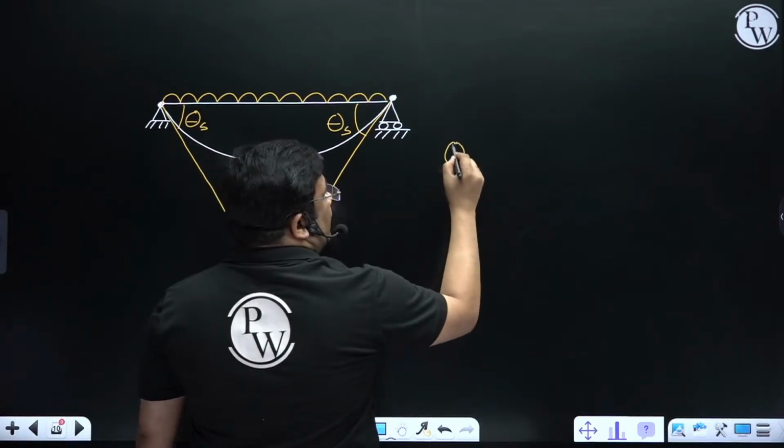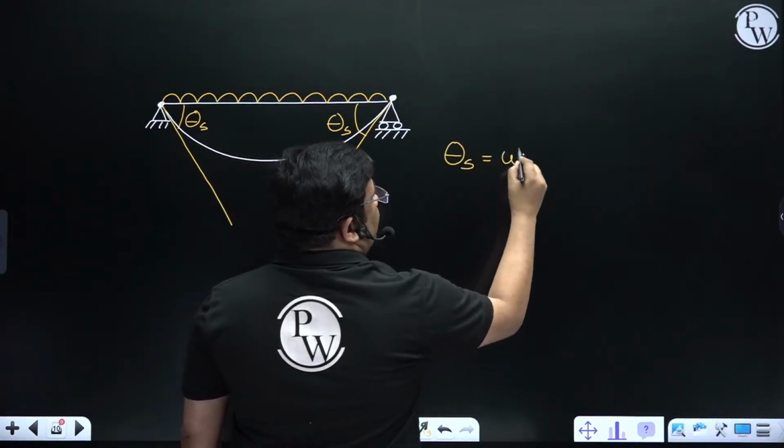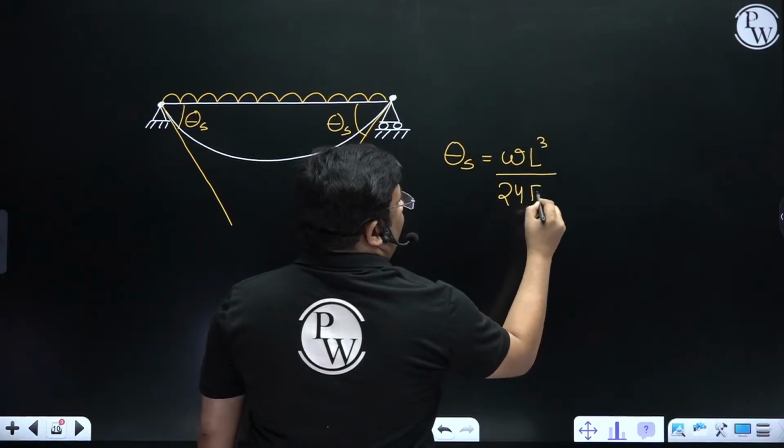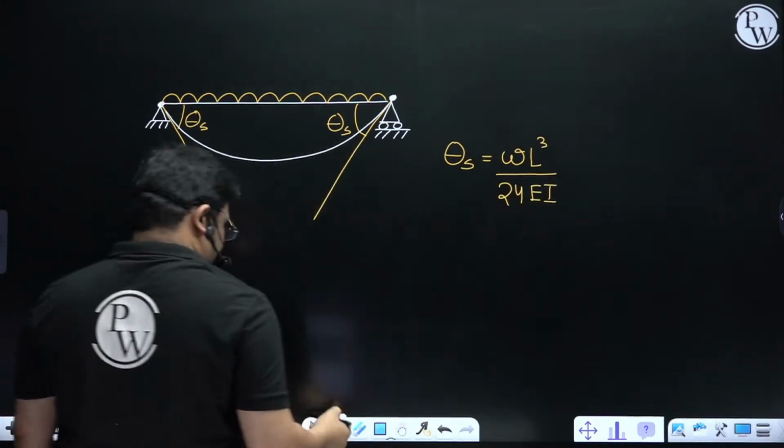And what slope did I get? It was WL^3 by 24 EI. We derived it also, right?